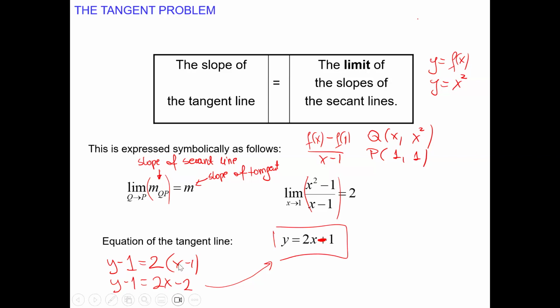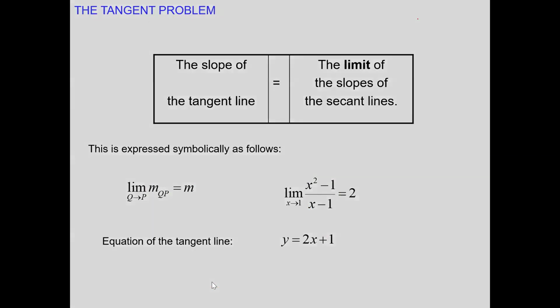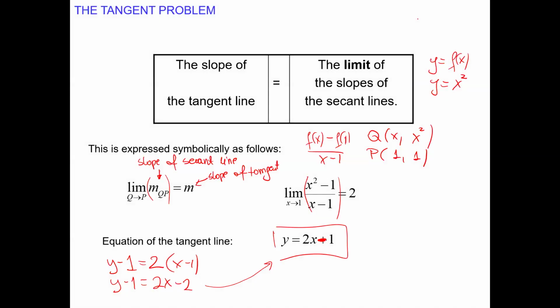I have to distribute 2x minus, now it's lucky that I did this too fast. Let me just check. We definitely know that it's a positive slope. It's minus 1. It's good that I wrote this. This was a typo, of course. Because it's minus 2, and when we add 1, minus 1. But the point is to find the slope.